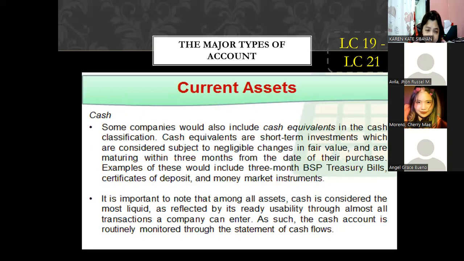Okay? So some companies would also include cash equivalents. In the cash classification, cash equivalents are short-term investments which are considered subject to negligible changes in fair value and are maturing within 3 months from the date of their purchase. So ito usually yung mga, kung nasa trading ka, medyo familiar ka nito.